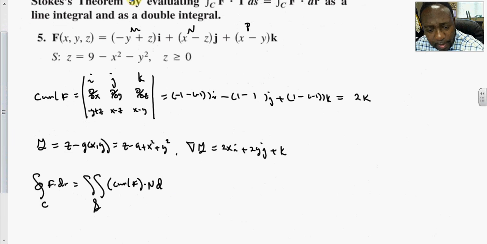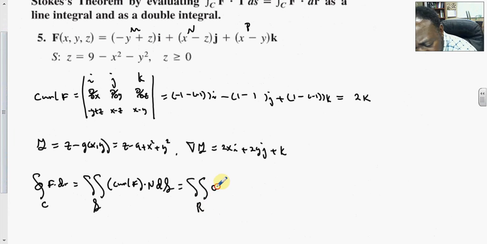I can simplify that, and what I have is the double integral over the region. Why do we go there? Because this gets us back actually to Green's theorem. It's the curl of F, the dot product of that with the gradient of g dA.